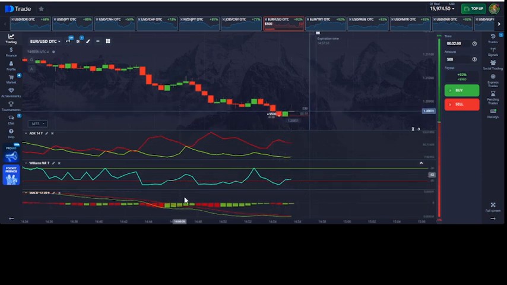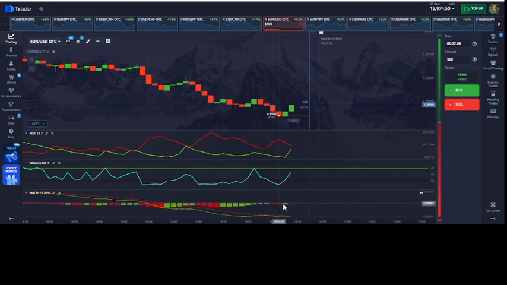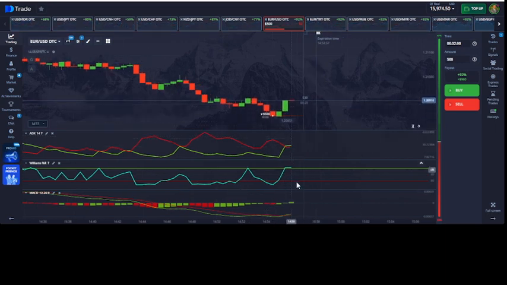Then if we look at the MACD indicator here, the bars are printing below the 0 line here. So all of these confluences suggest a continued bearish push to the downside. So let's monitor this trade and wait for the expiration.